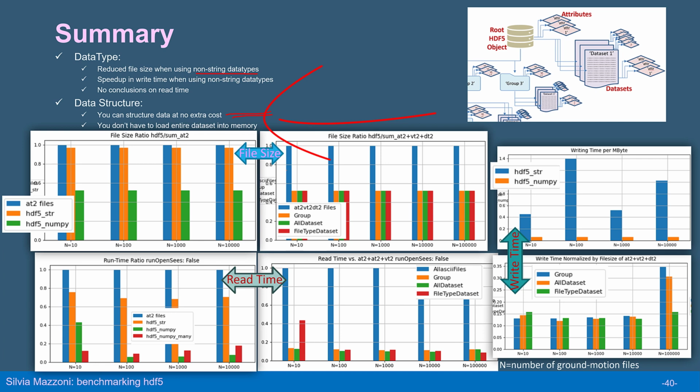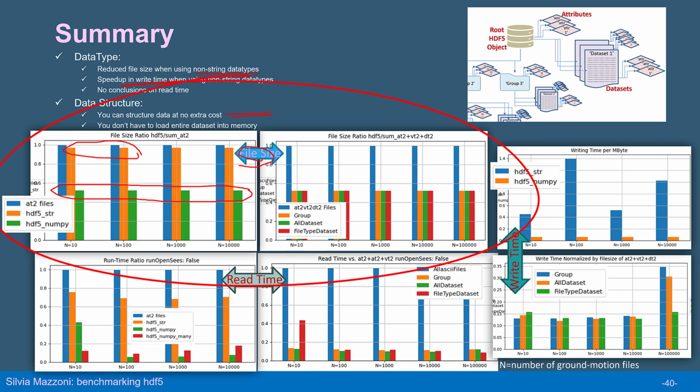Okay, so let's look in summary at the two benchmark studies. First, file size. On the left-hand side, we see that when storing NumPy arrays, we have a definite improvement in performance on file size compared to dealing with AT2 files or individual ASCII files. When your data is string, there's really not so much you can do in improving your efficiency.